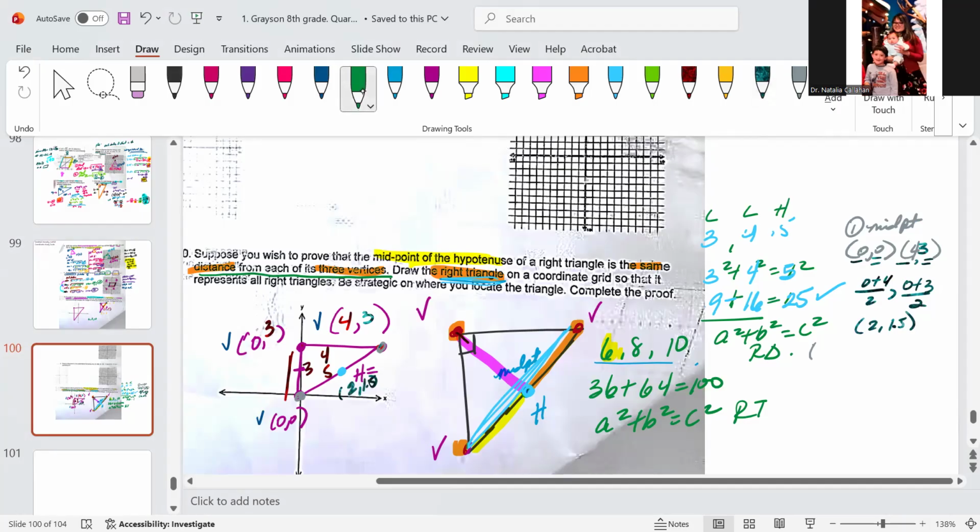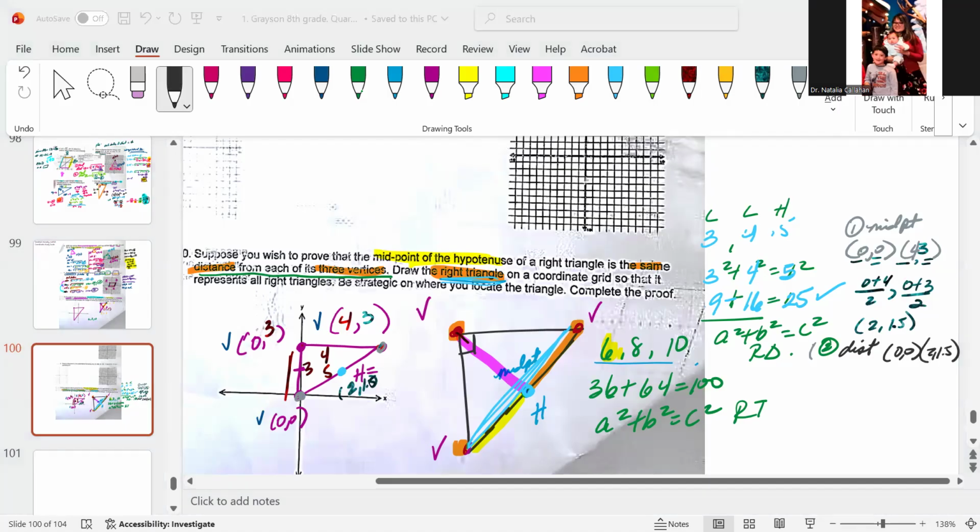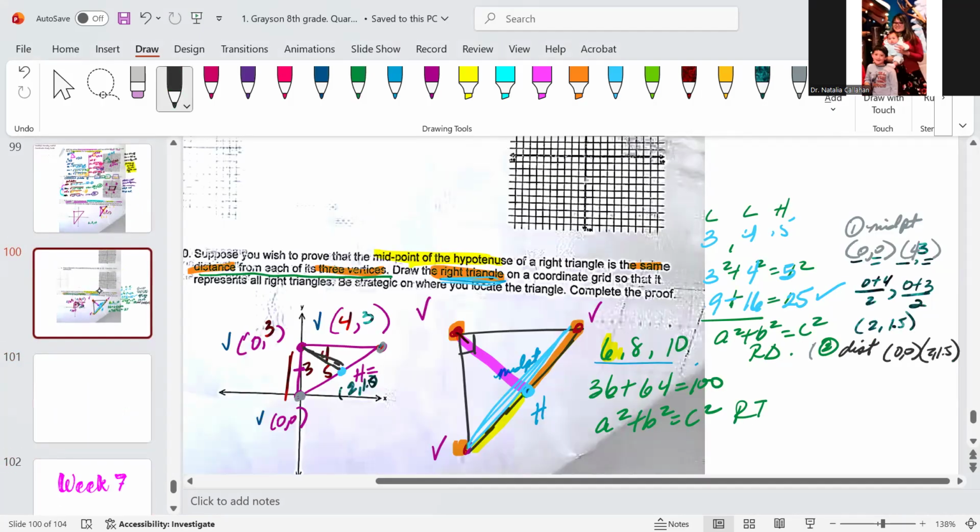Now we have to prove that the distance from the three vertices is going to be the same from the midpoint. So number 2, we're going to find the distance between 0, 0 and 2, 1.5. We're going to prove that distance is the same as from 2, 1.5 to 4, 3. Does that make sense? And then also from 0, 3 to 2, 1.5, right? So there are 3 different things that we need to do.